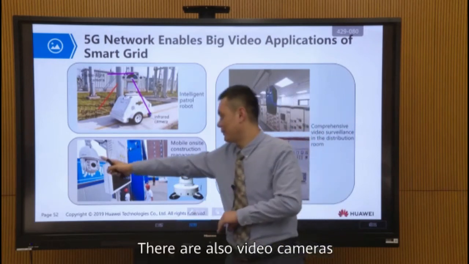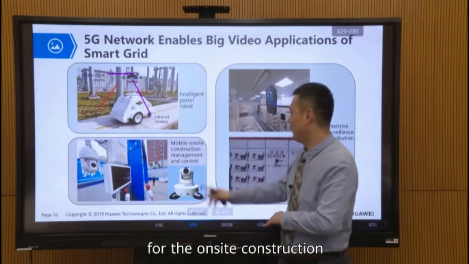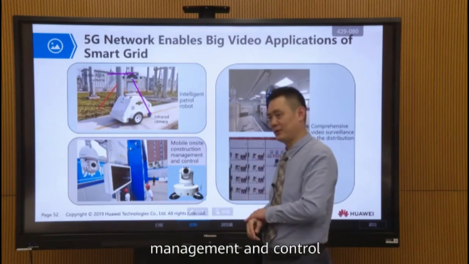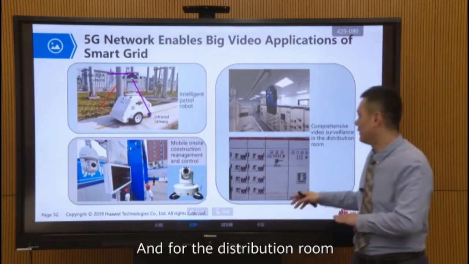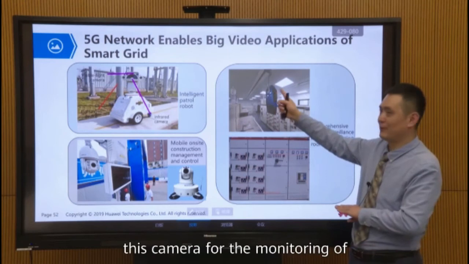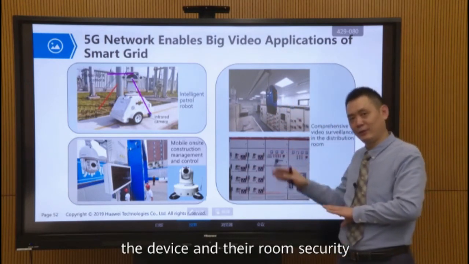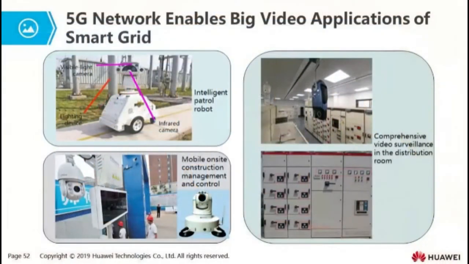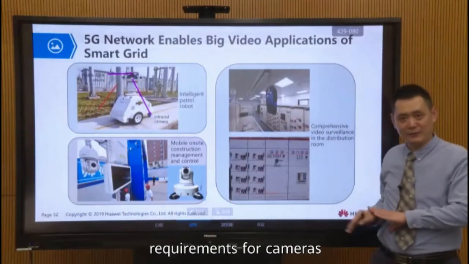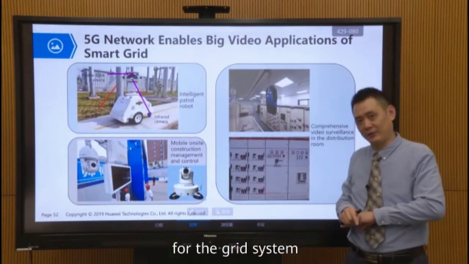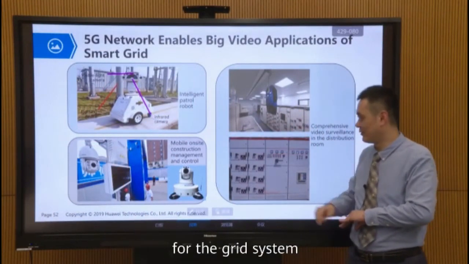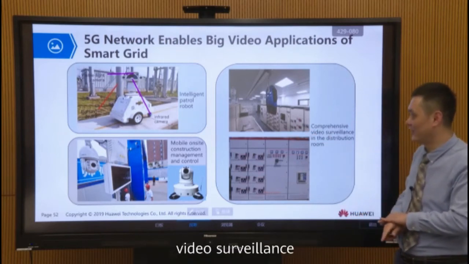There is also a video camera for on-site construction management and control. And for the distribution room, this camera is for monitoring the devices and room security. So there is a large number of requirements for cameras in the grid system. You need a large amount of video surveillance.